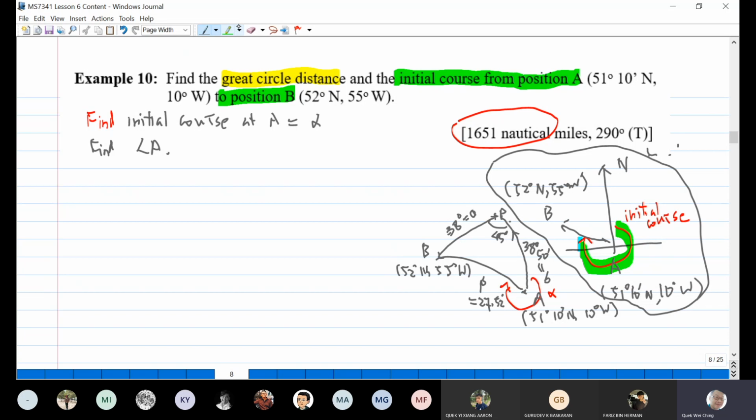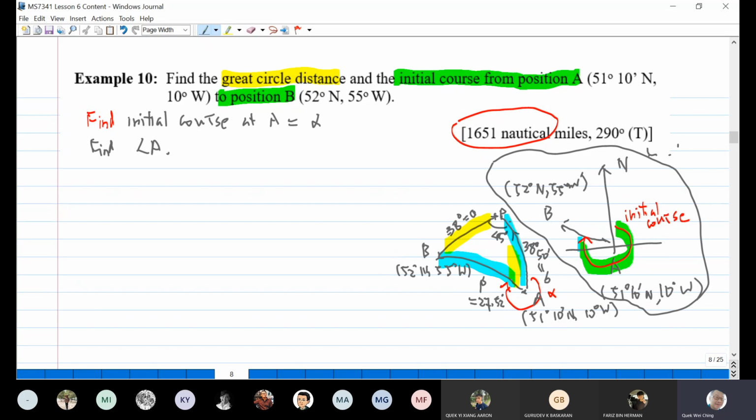So make use of this to find the angle here. I know this side here, I know this side here, so I can use the cosine rule. The cosine rule is this side here and the corresponding angle. So I can find cosine A here.